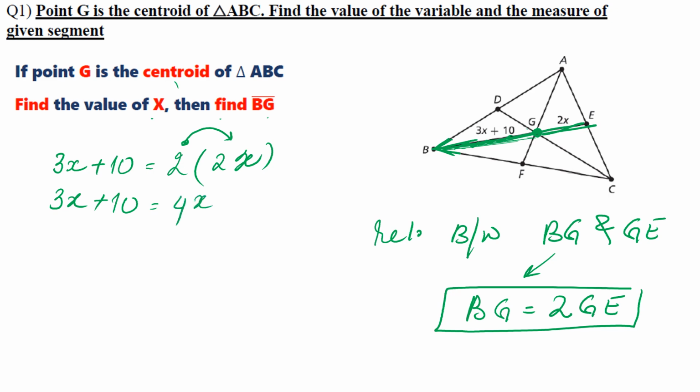Now to solve it, bring all x on one side and all the numbers on the other side. Bring the 3x here. When plus 3x goes to the other side, it becomes negative 3x. So 4 minus 3 is 1x.